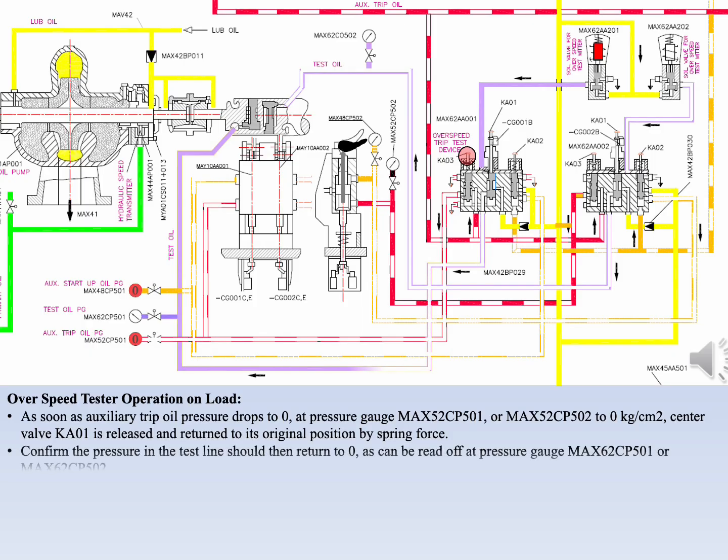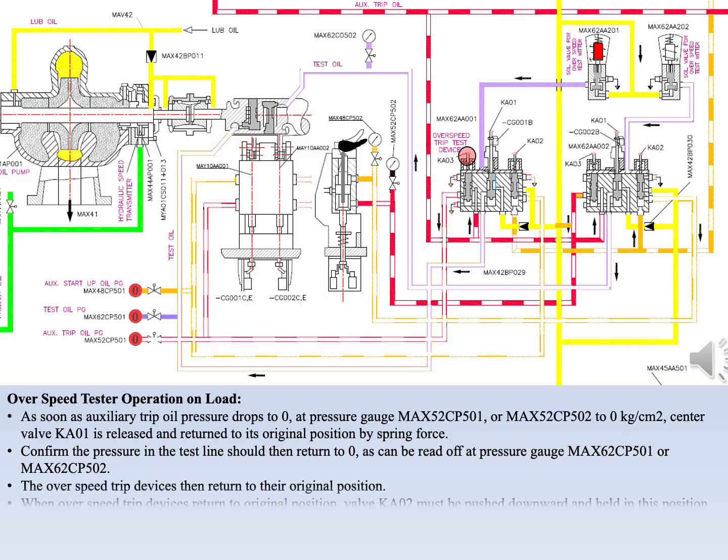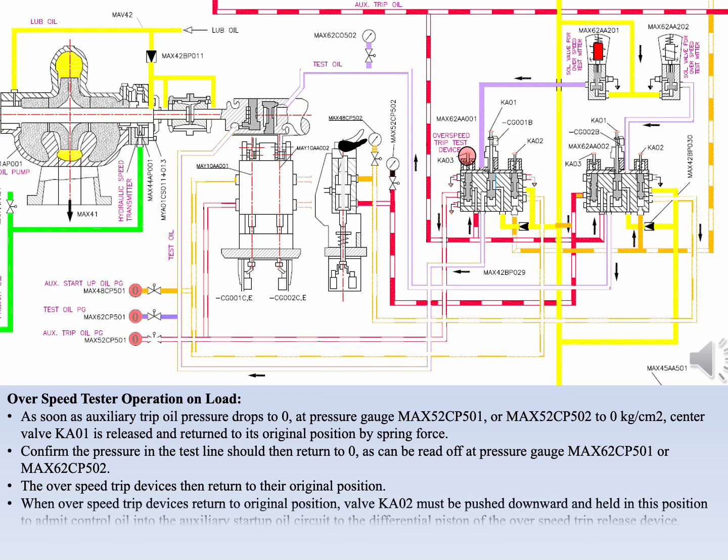Confirm the pressure in the test line should then return to 0, as can be read off at pressure gauge MAX62CP501 or MAX62CP502.